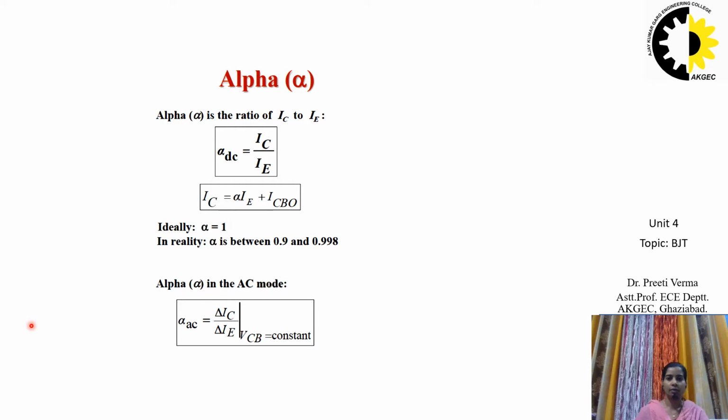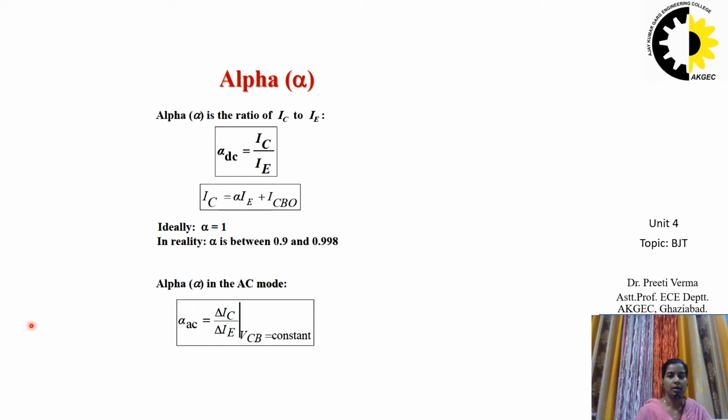Ideally, the value of alpha should be 1, but in reality alpha is always less than 1 and its value lies between 0.9 to 0.998. If we talk about the AC value of this alpha, then alpha AC can be calculated as delta IC upon delta IE, and this should be for constant value of VCB.